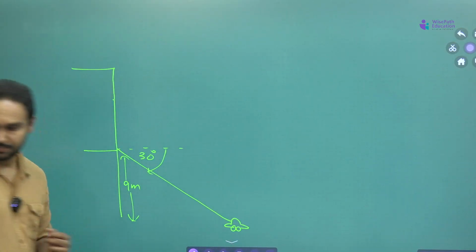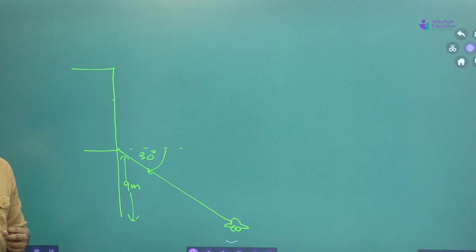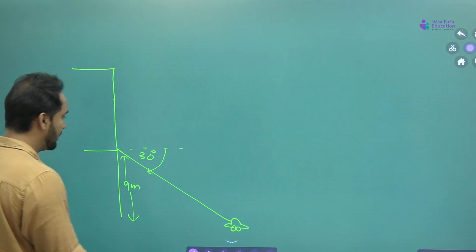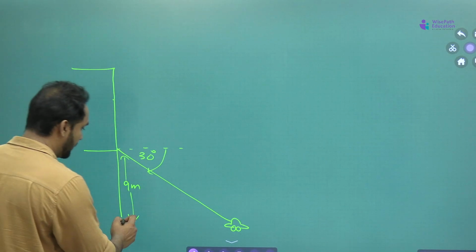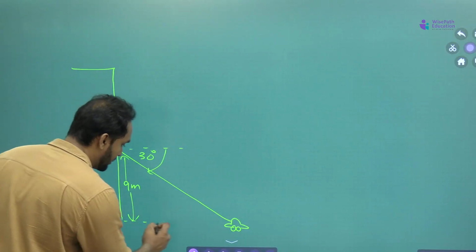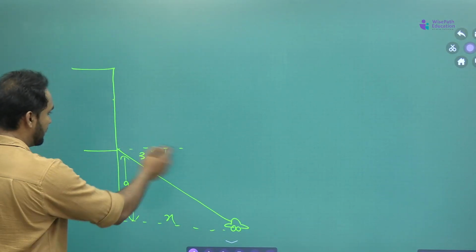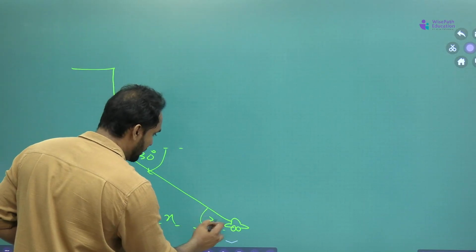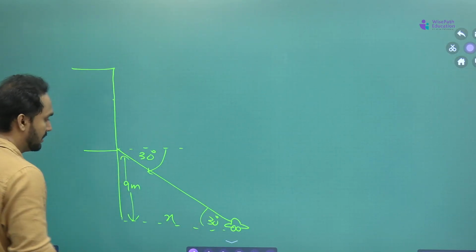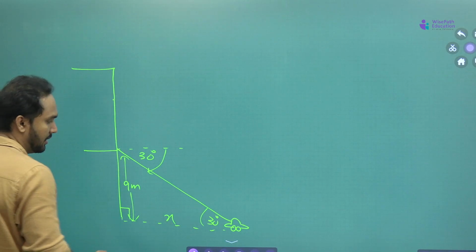Okay, so they are asking at that moment the distance of the car from the house. Now they are asking for this distance, isn't it? I'll take it as x. Now this is 30 degrees, this should also be 30 degrees, right? So considering this is 90 degrees, you have to find x.